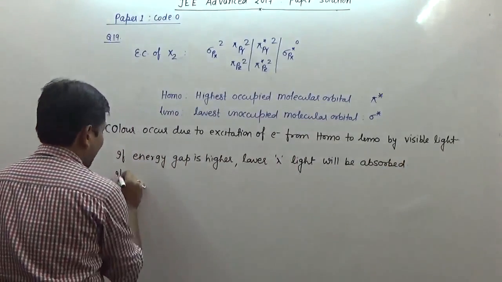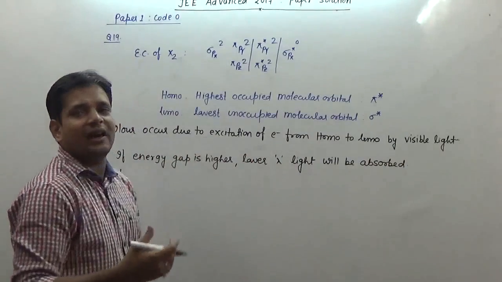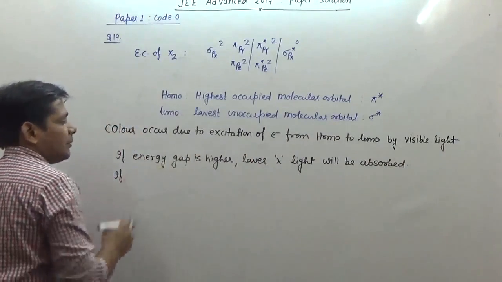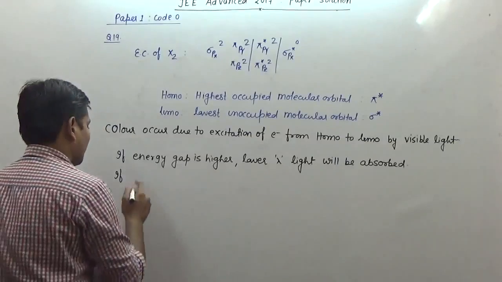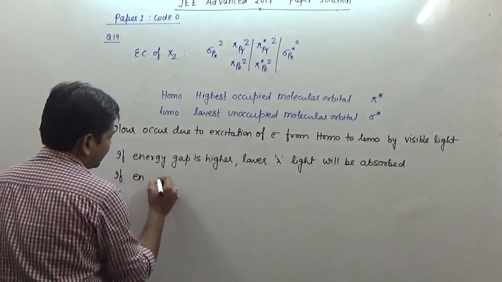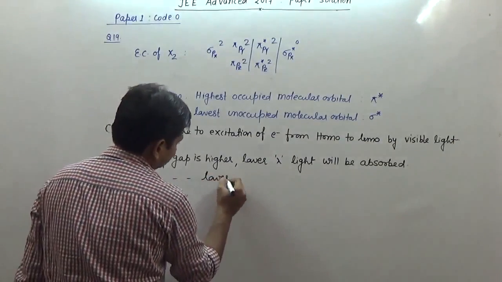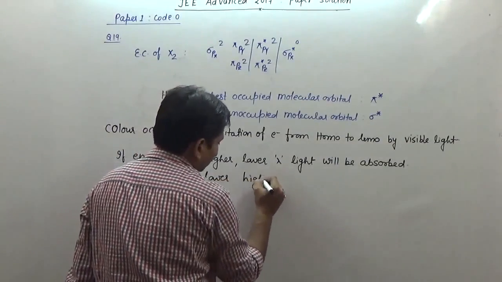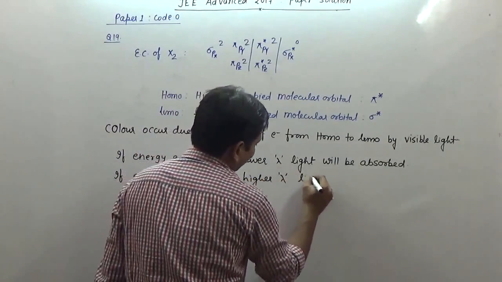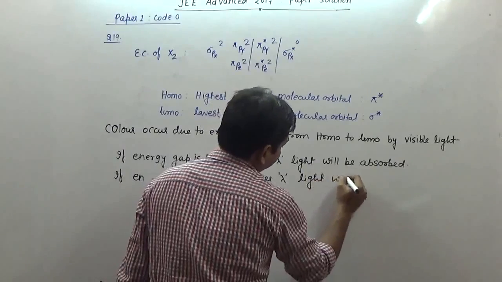Lower lambda light means higher energy light, because if the energy gap is higher, a high energy light photon will be absorbed. If the energy gap is lower, higher lambda light will be absorbed.